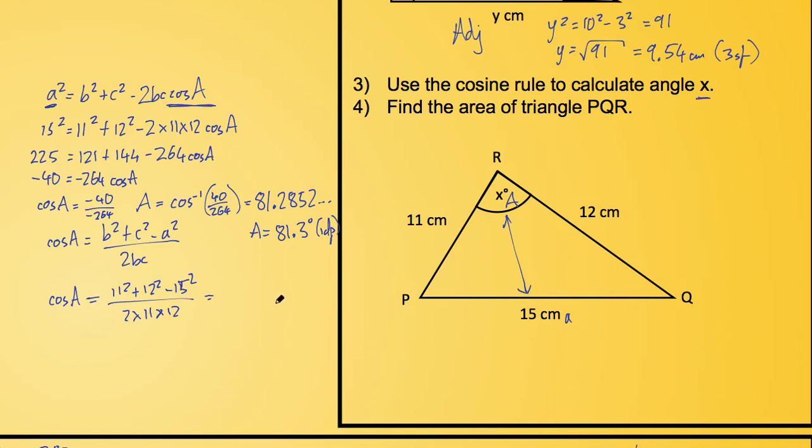All of that gives me the same thing, 40 over 264. And from there I would be doing the same process, cos to the minus 1 of 40 over 264. So if you've memorized that version, then you should probably go ahead and use it as long as you're secure with it. Otherwise, it's more complicated using this version, but you don't have to memorize it because it's in the formula sheet.